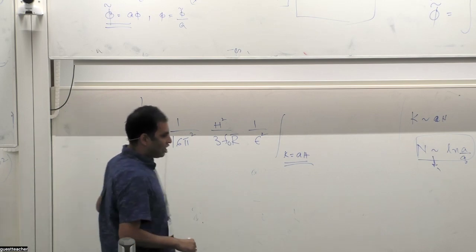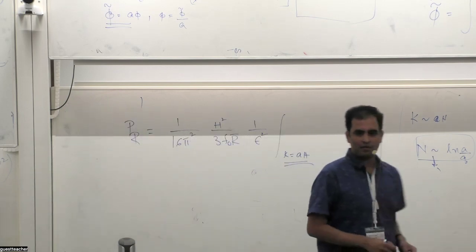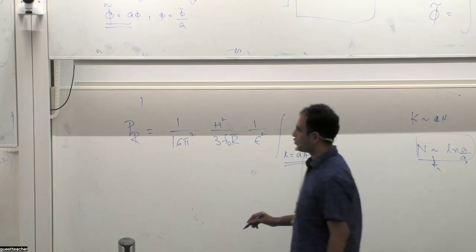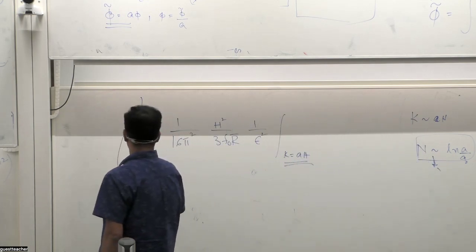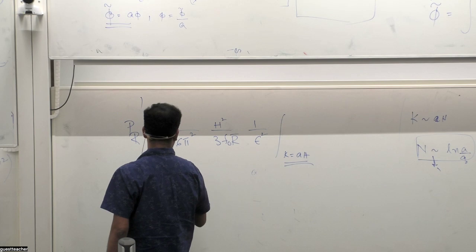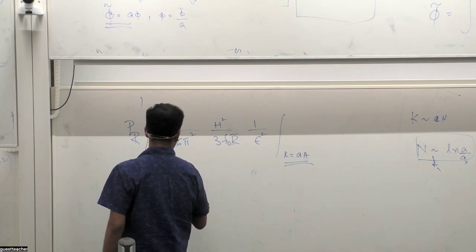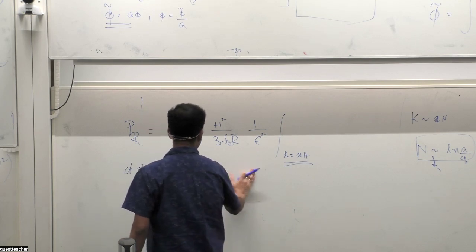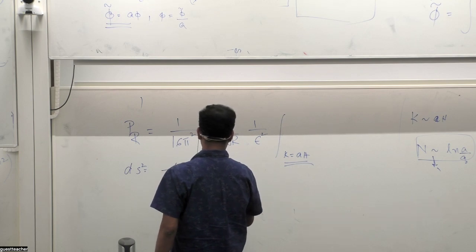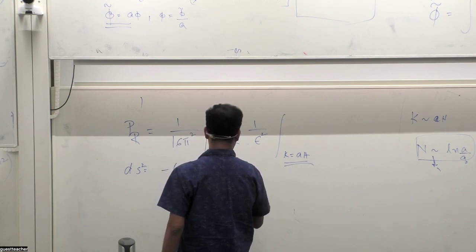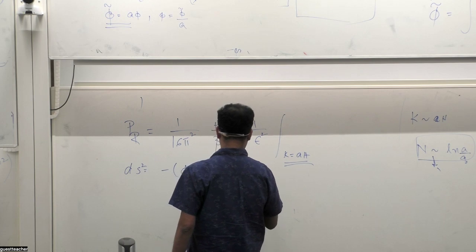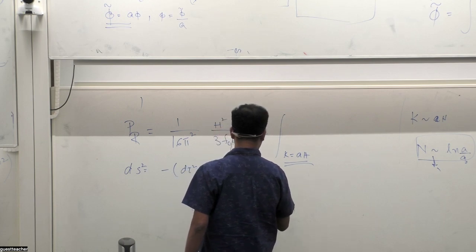And you can repeat the same procedure for the tensor fluctuations. Tensor fluctuations are basically defined by d tau square plus 1 plus 2 hij delta xi delta xj.